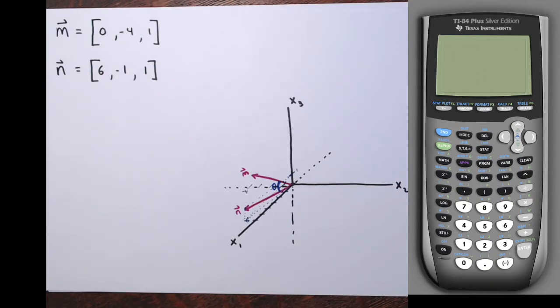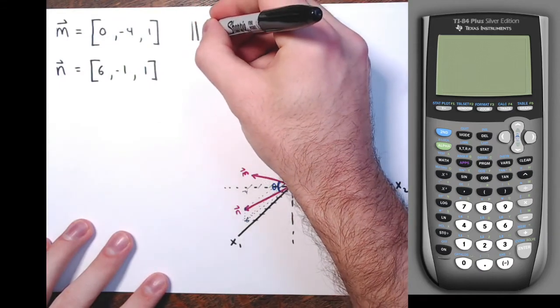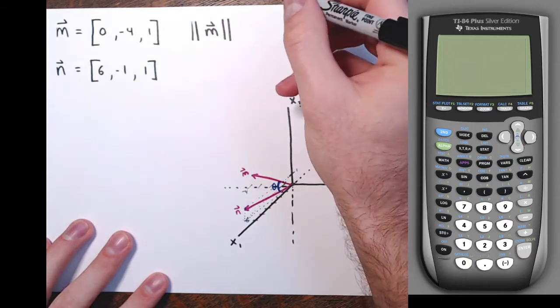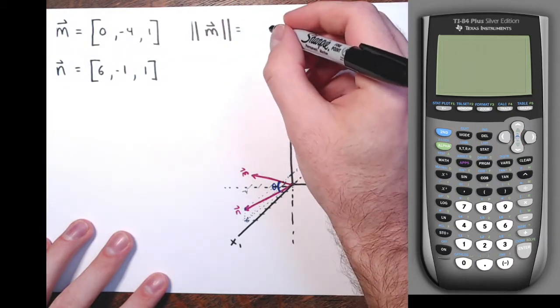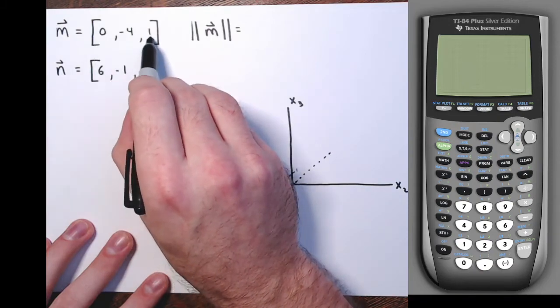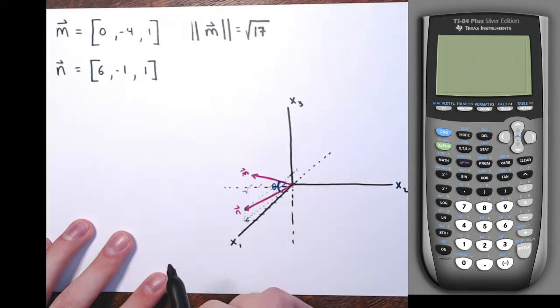Alright, so I've got vectors m and n. Let's find their magnitudes. How long are they? So what's the magnitude of vector m? Remember, very easy formula. It's the square root of 0 plus 16 plus 1, so the square root of 17. The square root of the sum of the squares of the components.